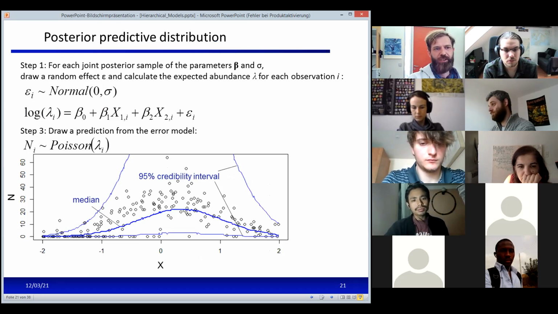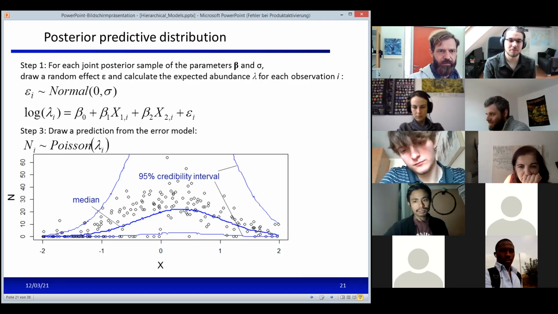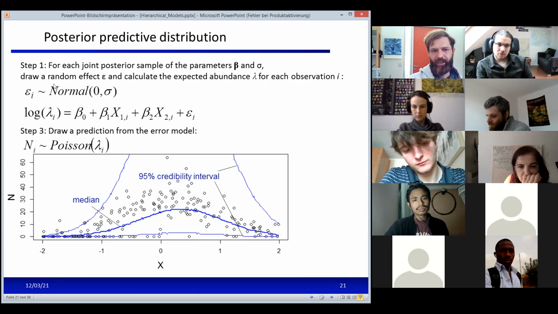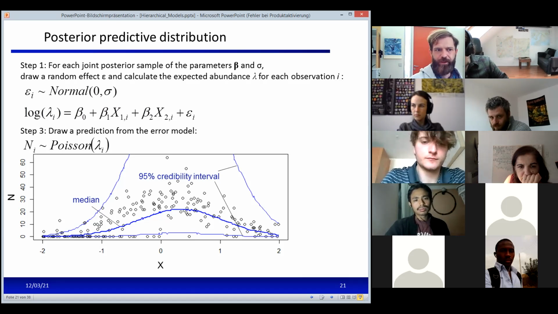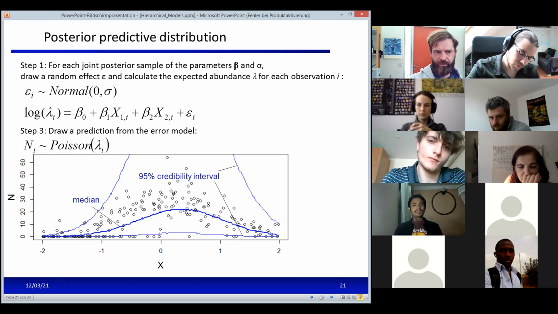So if I now proceed to calculate posterior predictive distributions from my joint posterior distribution, this in principle works the same way as before, but I have one additional step: when making these predictions, I again have to sample for each observation values for this individual level random effect.